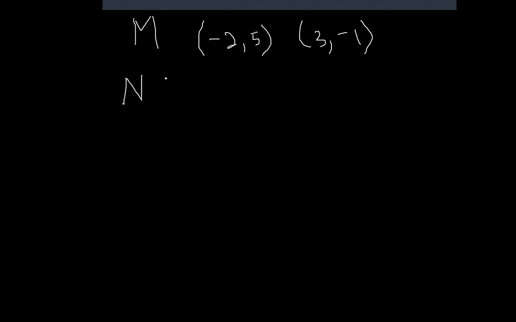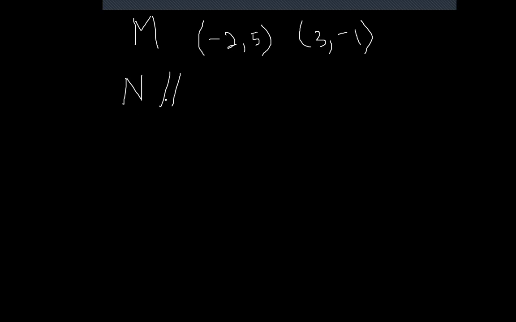Okay, so line M. You told us that line M lies on the points -2, 5, and 3, -1. You also told us that N, so it's good to write down all the information that they gave you before you start working.